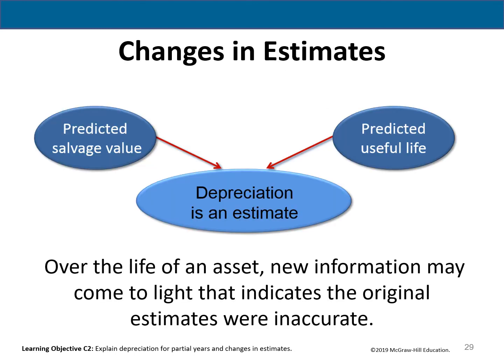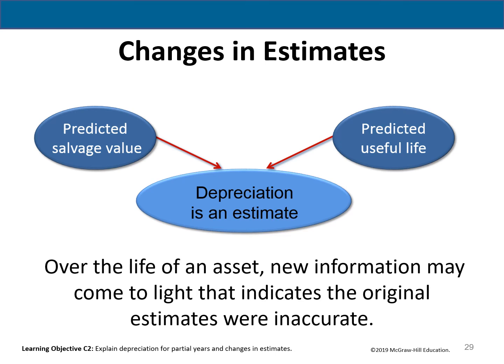I mentioned before, when you estimate a life or estimate the salvage value, you stick with it, assuming you don't change it. So what happens is sometimes over the life of an asset, remember you're deciding on day 1, how long am I going to use this and what's it going to be worth at the end? Well, things change.